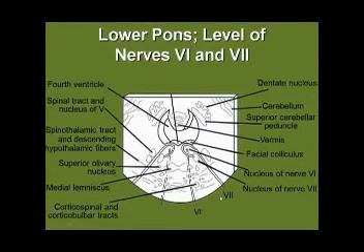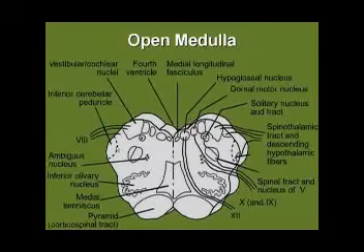But more to the point, the fibers of the corticospinal tract are still in their ventral and medial position, but now we're starting to see a separation. The medial lemniscus has become separated. It's occupying a more medial position than the more laterally placed fibers of the spinothalamic tract and the descending hypothalamic fibers.